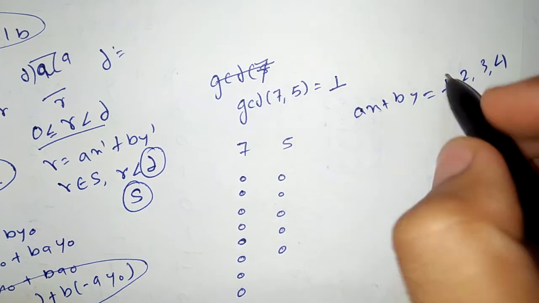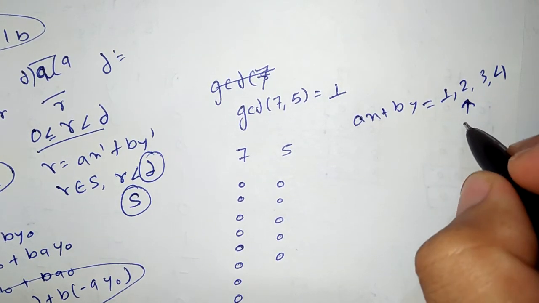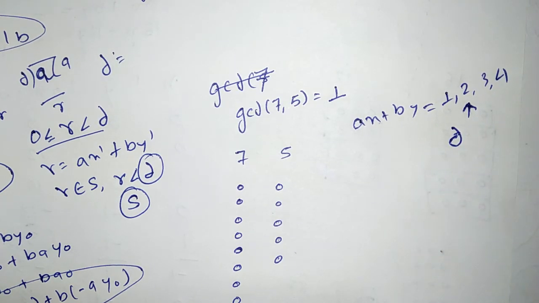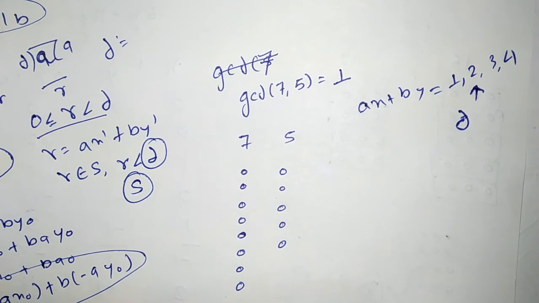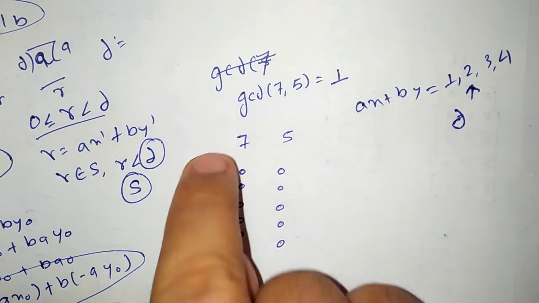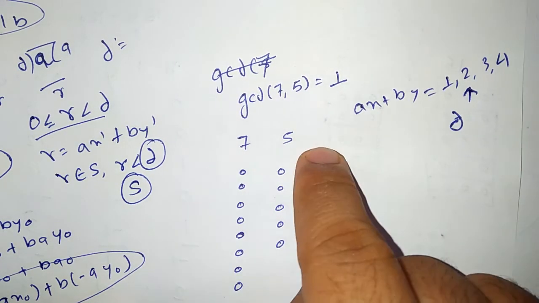If we don't take the GCD as the minimum and we take another number as the minimum, suppose this is D, we must prove that this D divides both of these numbers, but we know that this 2 isn't going to divide both 7 and 5.